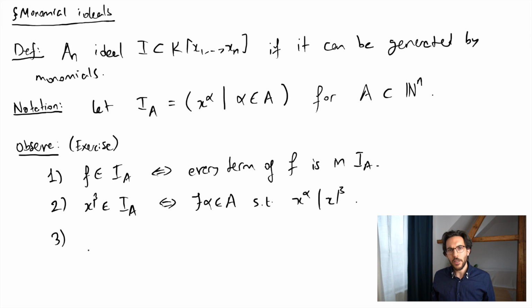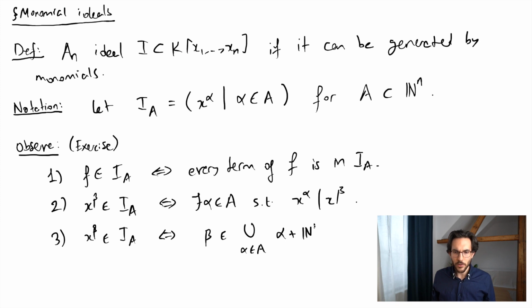And I will rewrite this again in a slightly more visual way. So we will say, again, a monomial is inside of I_A if and only if beta is inside the following set. I take the union, for each alpha in A, of the translations of these domains.